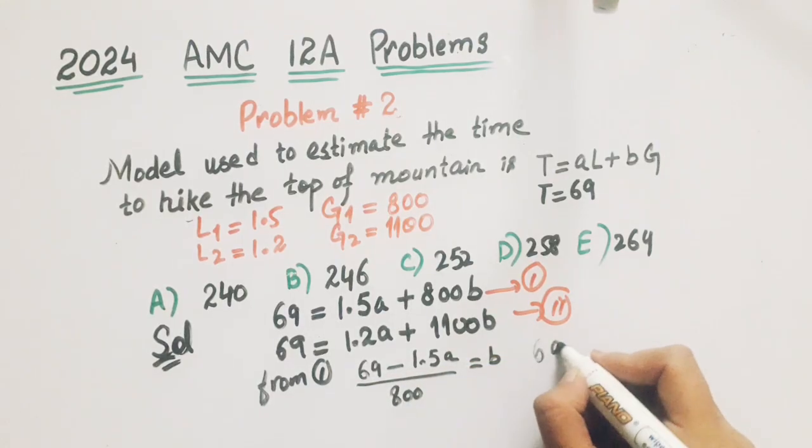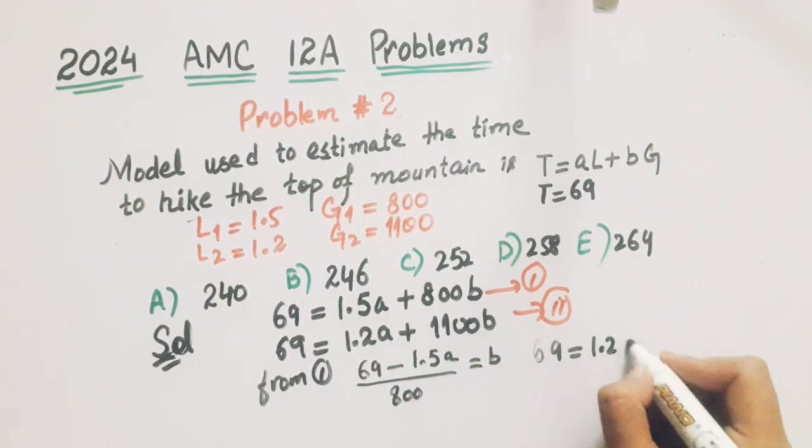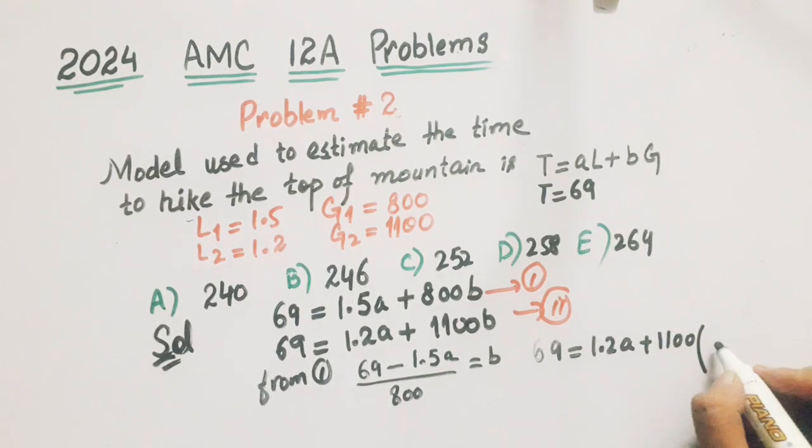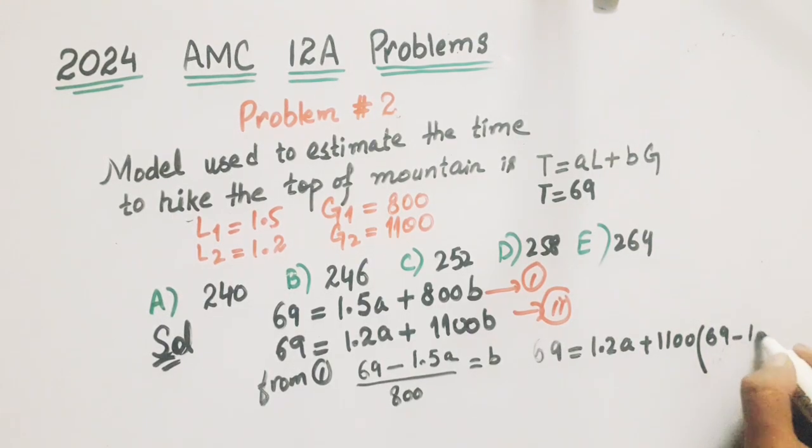So 69 equals 1.2A plus 1100 into 69 minus 1.5A divided by 800.